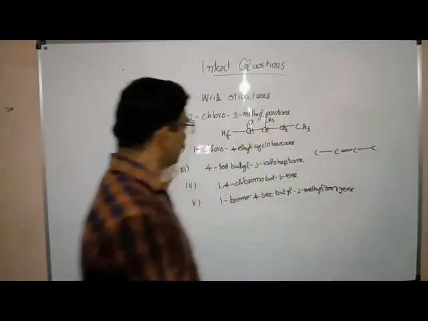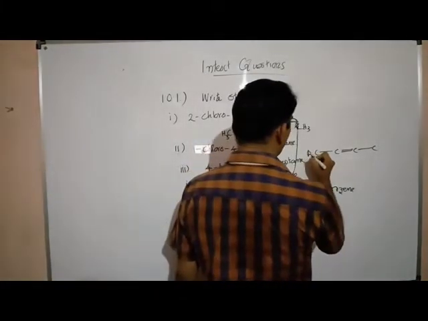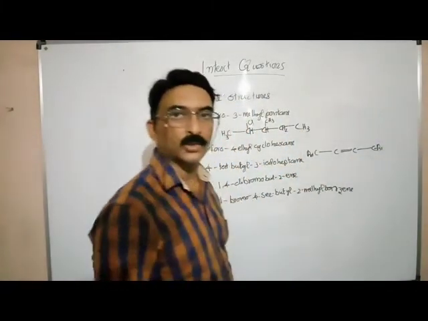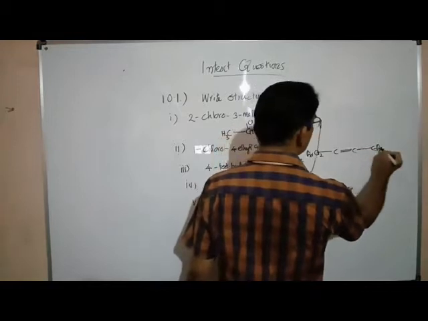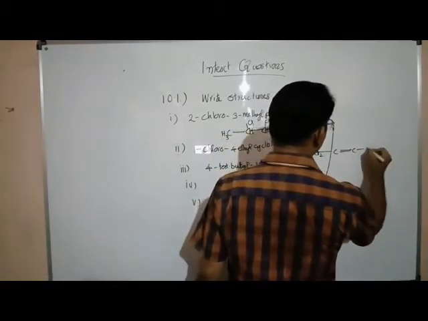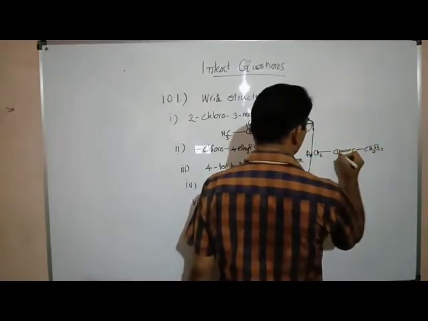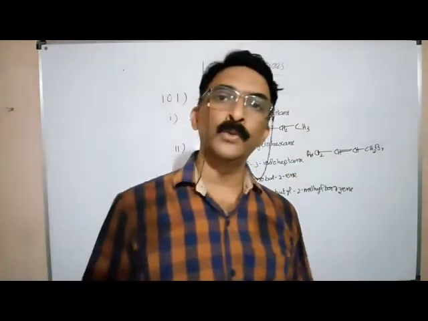Then you have 2 terminal bromine atoms. Then fill with hydrogen. That's all. You have CH2 here, CH2 here. Better show CH2Br, CH2Br. Here one H will be there, here one H will be there. So that is 1,4-dibromo-but-2-ene. Very easy.